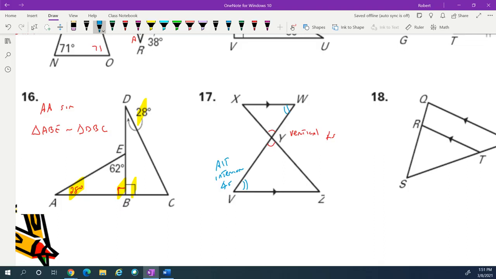That is enough for us to say AA similarity. And we can write our similarity statement. For example, YWX is similar to YVZ.